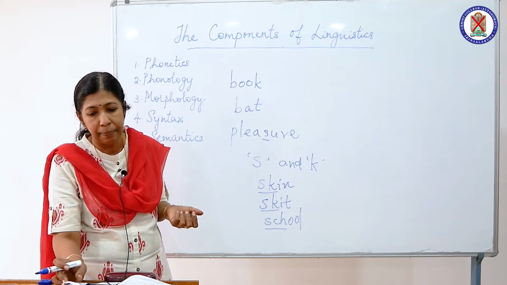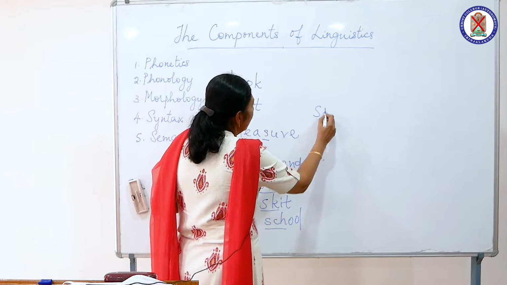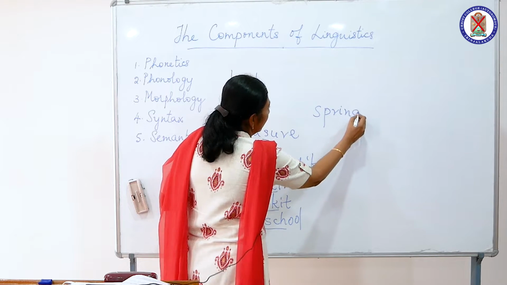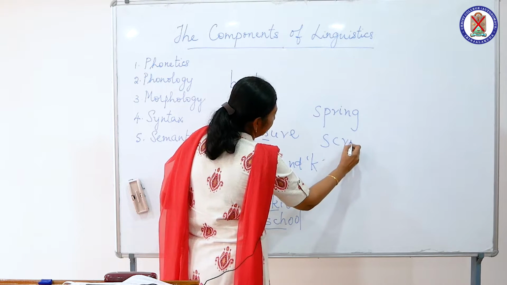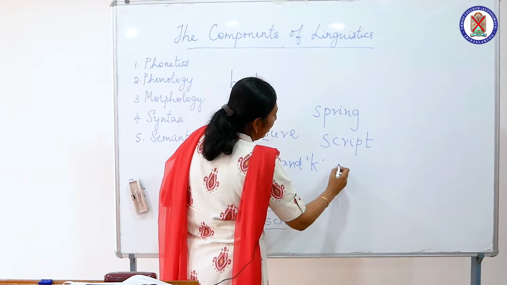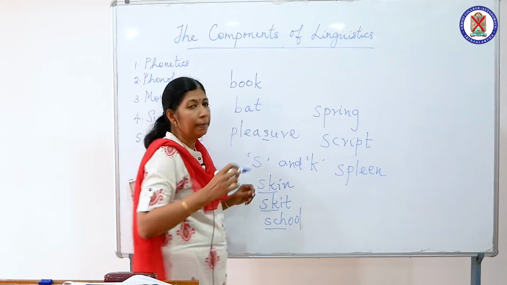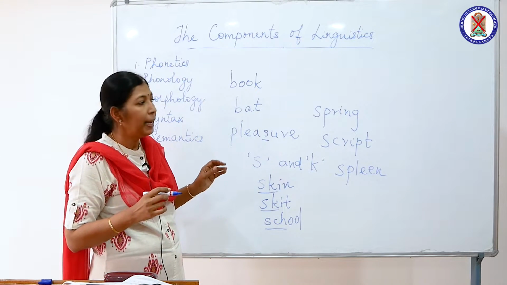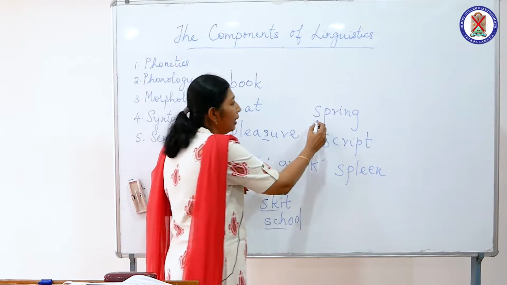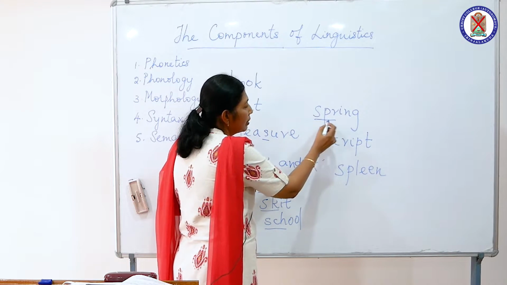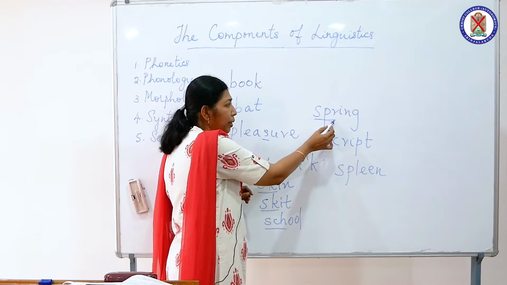To take another example, if we consider the words spring, script, and spleen, we can see that these three words begin with three consonant sounds. The word spring has three consonant sounds in the initial position, sa, pa, and ra.